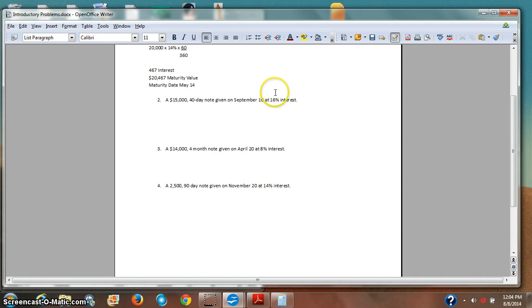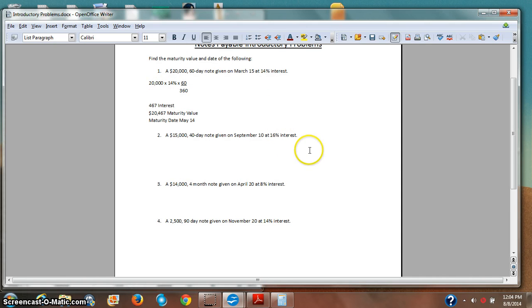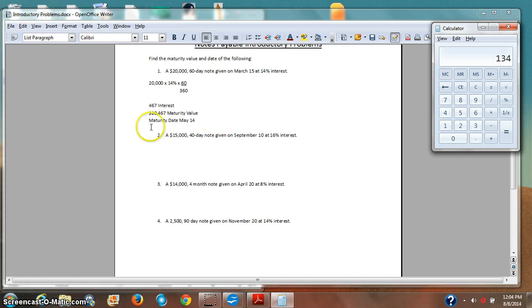Next, I'm going to just move on and do the rest of these with you. So a $15,000 40-day note given on September 10 at 16% interest. Well, this is really just working the formula. I'm not going to write it on the sheet this time, but I'm going to do something much like this.